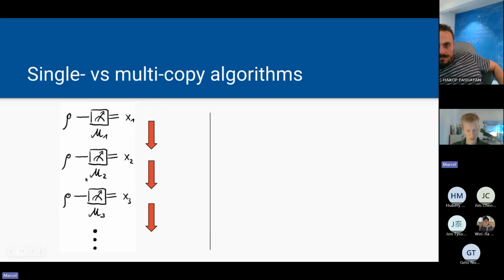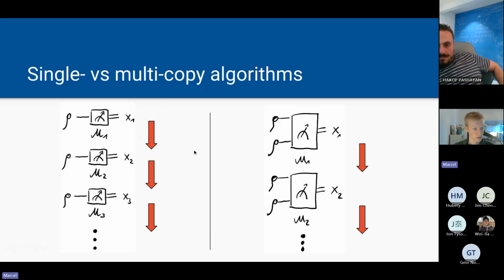But the key thing is that single copy algorithms always apply the measurements to just one copy. On the other hand, something more general that you could do is apply a measurement across two copies of the state at once. This is why people sometimes call it an entangling measurement, because if you think about this as a unitary and then measuring in some basis, that unitary would have to be entangling across the two copies of rho.